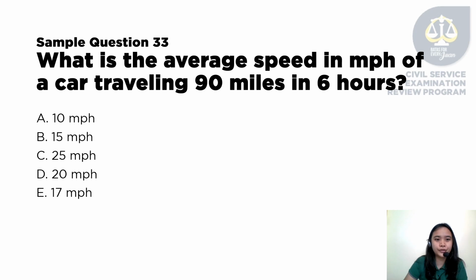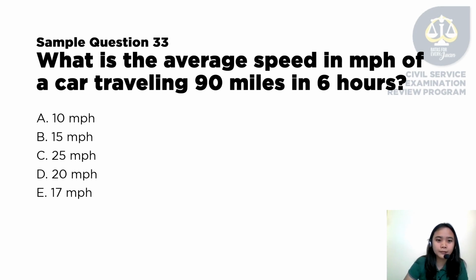For number 33, what is the average speed in miles per hour of a car traveling 90 miles in 6 hours? Letter A, 10 miles per hour. B, 15 miles per hour. C, 25 miles per hour, D, 20 miles per hour, and E, 17 miles per hour.